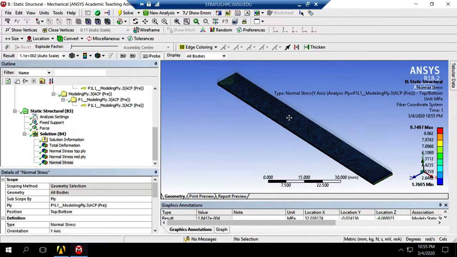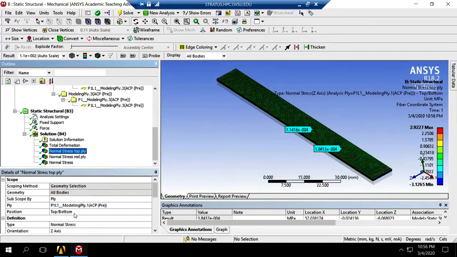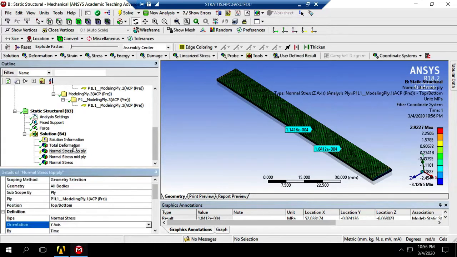For this one, the coordinate is the fiber coordinate. Yeah, so for this one, actually, transverse stresses are larger. Right, so let me see the top layer again. Transverse stresses in y direction, how much was it?